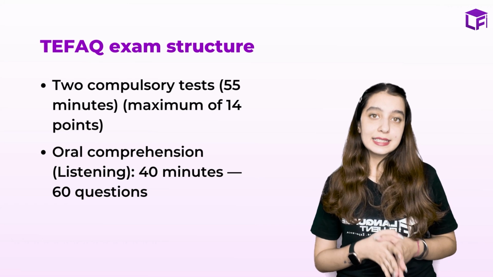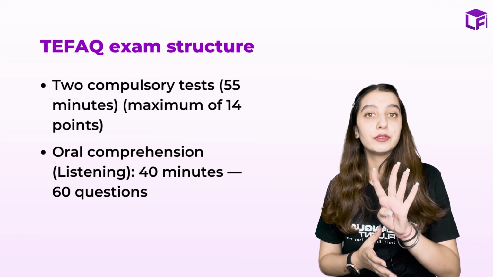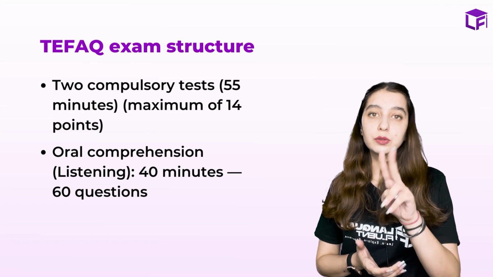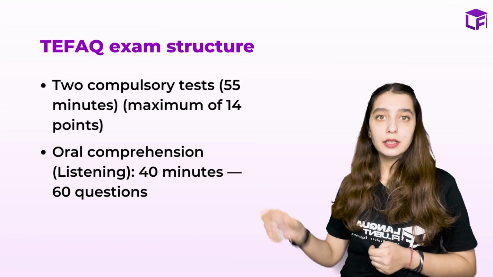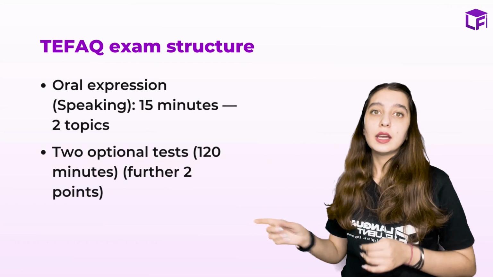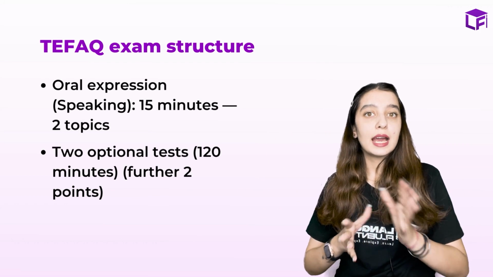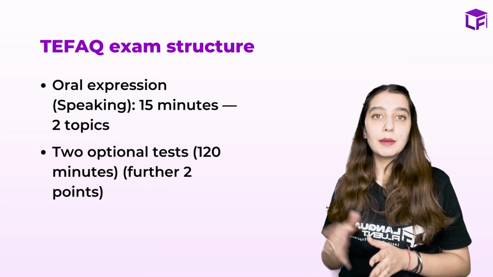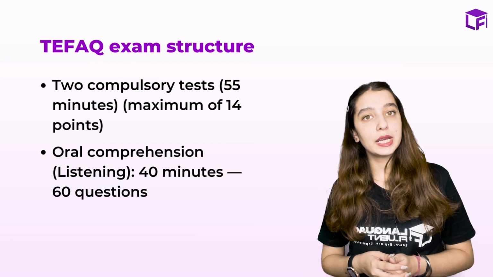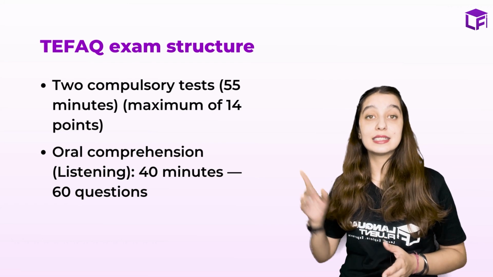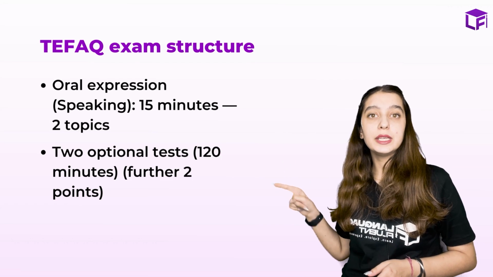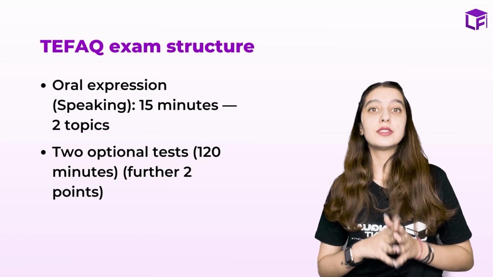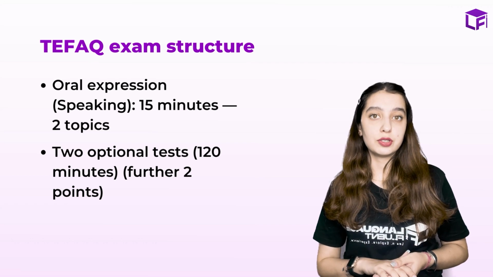So here in this exam, rather than having 4 compulsory sections, you have only 2 compulsory sections, namely listening and speaking. And they both follow the same pattern as we have discussed for TCF and TEF Canada. So what happens in the listening practice, you'll be again having 40 minutes to answer 60 questions, whereas in speaking, you'll be having 15 minutes to attempt those 2 sections.